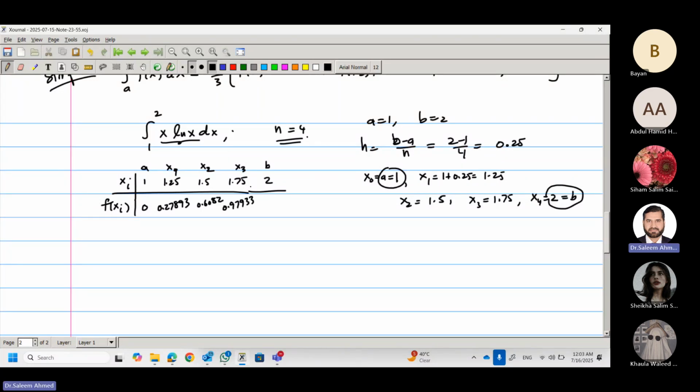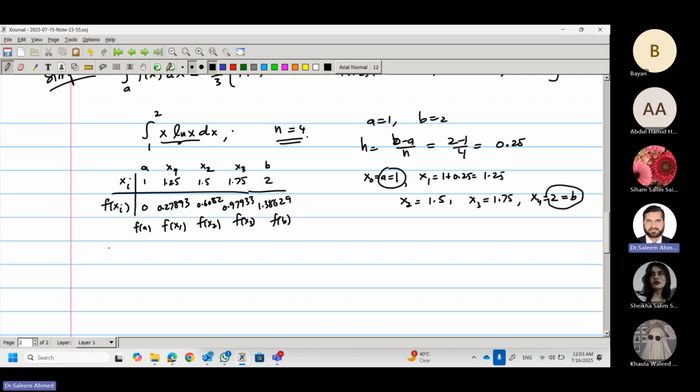And then at 2, you get 2 into log of 2. So that is 1.3863. So I got these numbers. So this is f of a, this is f of x1, this is f of x2, this is f of x3, this is f of b.